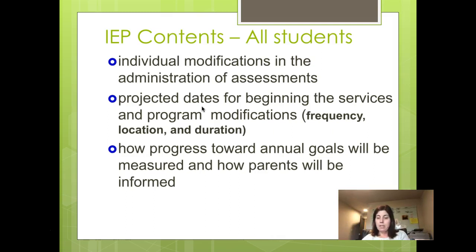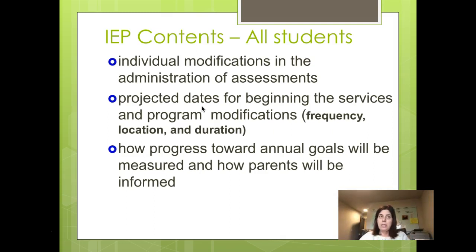So again, we talked about, and we'll get into this a little bit later in the semester, how you have to have measurable goals and how you determine what a measurable goal is. But the important thing is that the goals have to be something that you can measure progress towards. And so it's important for the IEP team to really talk about that as those goals are being created, and really discuss how the parents are going to be informed of that progress.